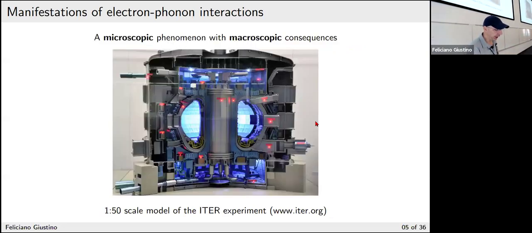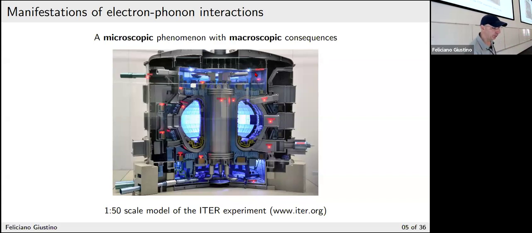So the second example is to show that this problem we're going to discuss this week has a pretty big implication in something that seems very far away from it. This is a model reconstruction, a plastic model of ITER, the International Thermonuclear Experimental Reactor that they're building in Cadarache in France.